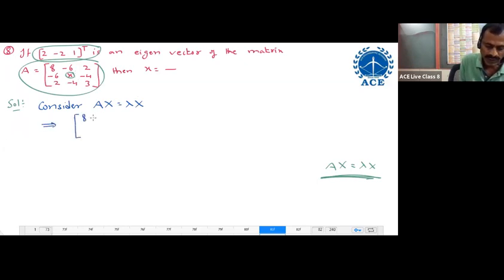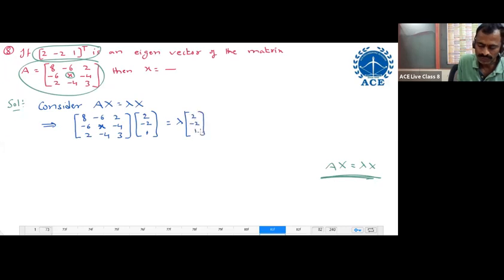The matrix is 8, minus 6, 2; minus 6, x, minus 4; 2, minus 4, 3, times the vector 2, minus 2, 1, equal to lambda times 2, minus 2, 1. Actually we require only the unknown x, but from this equation we get one more unknown, so we have two unknowns. To get two unknowns, we require a minimum of two equations. Every row is one equation.